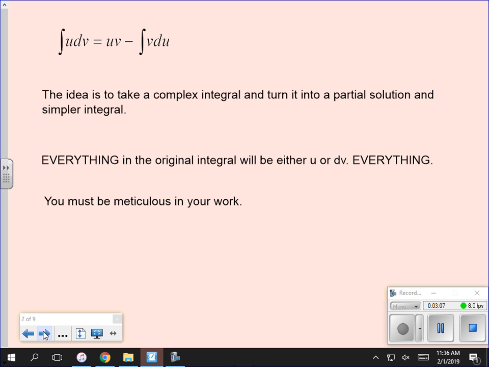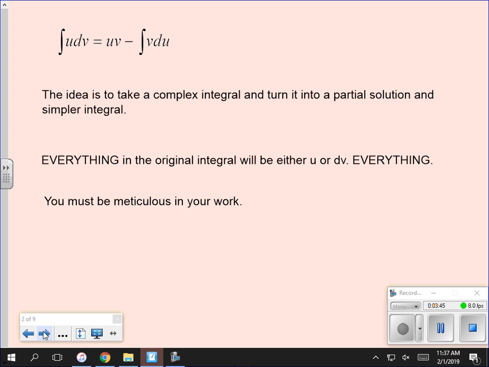Equals uv minus the integral of v du. So we have a function and a derivative.